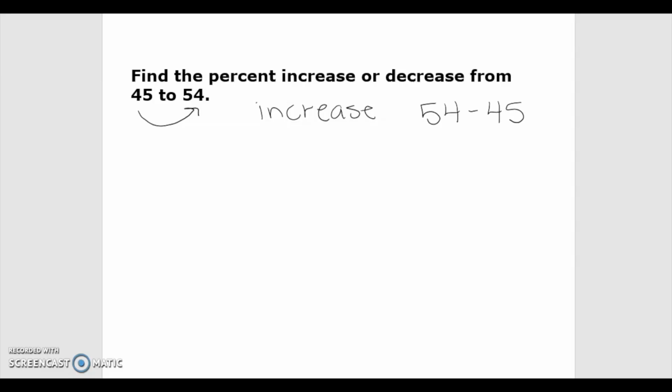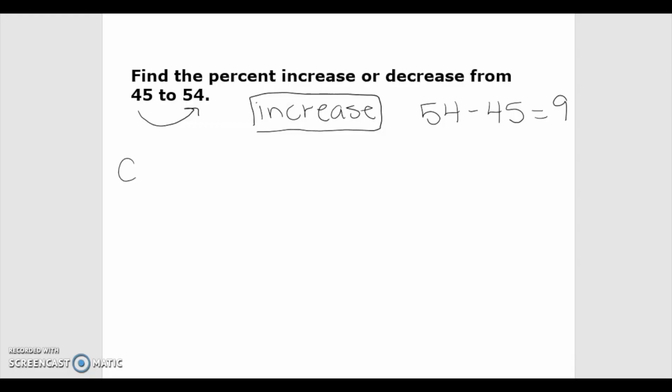Now you're probably wondering, why did I start with 54? Because I'm looking at just the absolute value of those differences. It doesn't matter whether it's positive or negative, because we already said it was an increase. So I just want to know the distance between those numbers. So those numbers are 9 units apart on my number line.